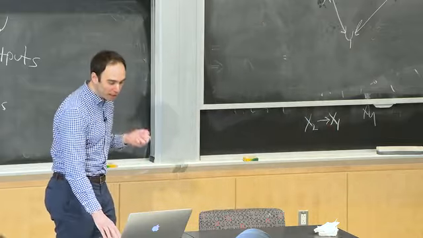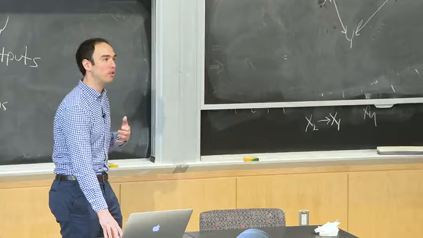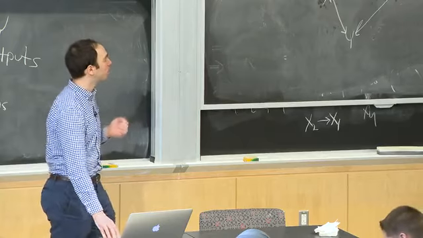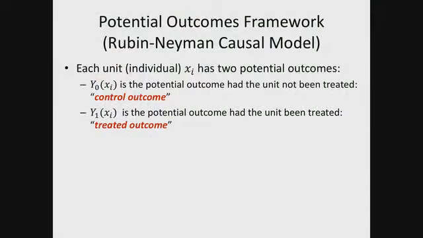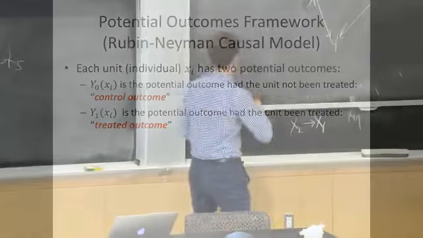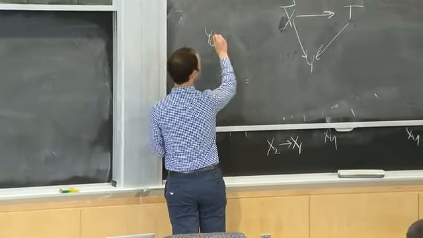So the first thing we need is some language in order to formalize these notions. So I will work within what's known as the Rubin-Neyman causal model, where we talk about what are called potential outcomes. What would have happened under this world or that world? We'll call y 0, and often it'll be denoted as y underscore 0.